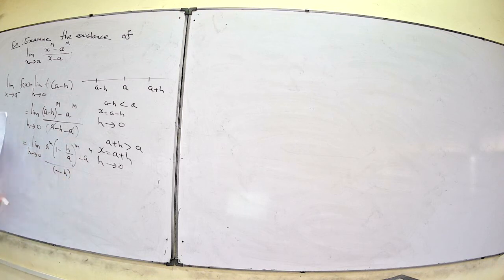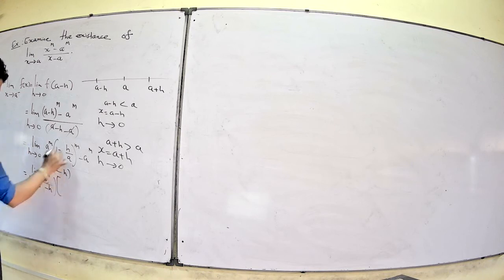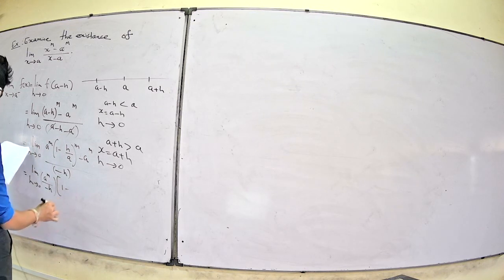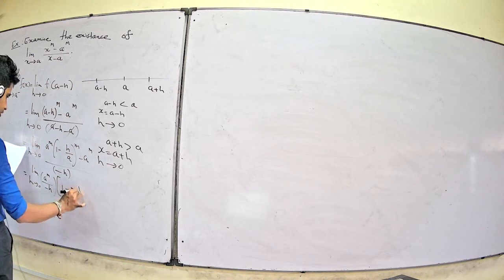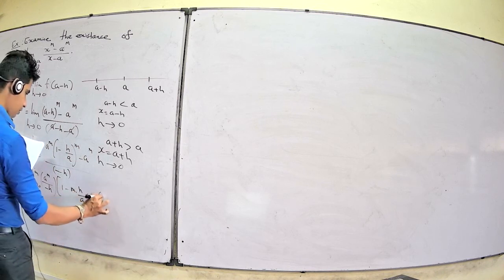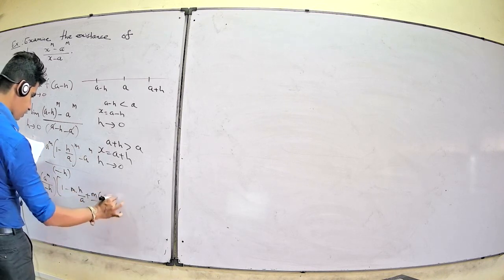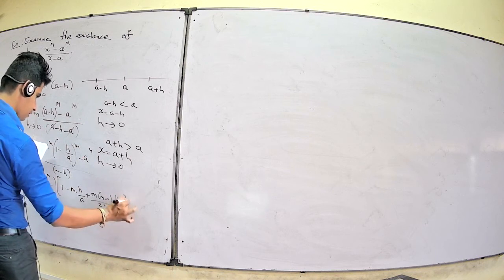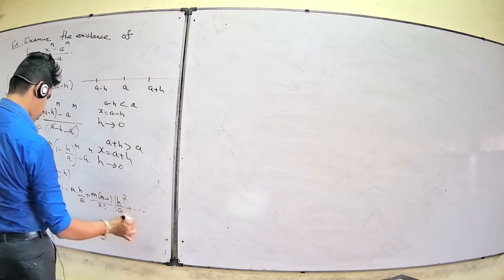Now a power m is common for both, therefore you take a power m outside, over minus h there. For this factor, 1 minus m into h over a, plus m into m minus 1 over 2 factorial, h squared over a squared, and so on.